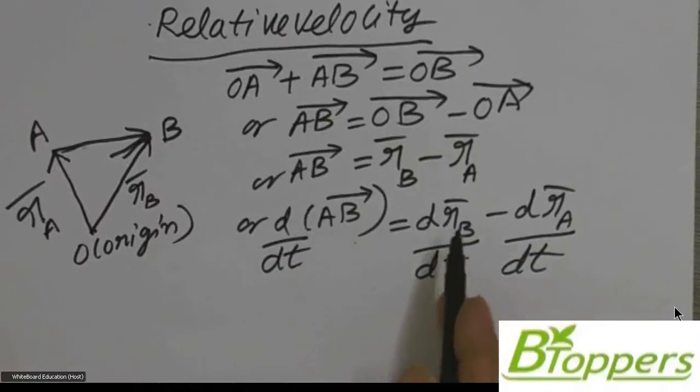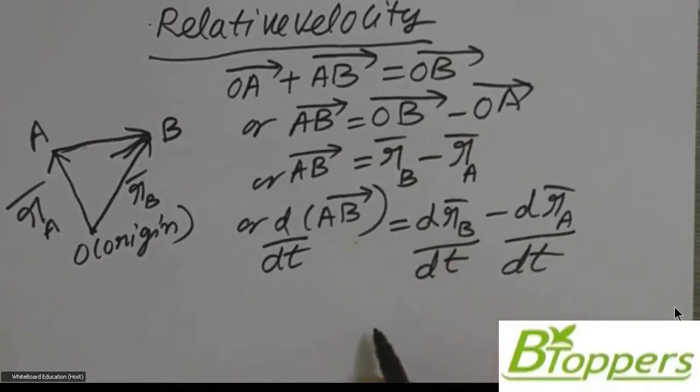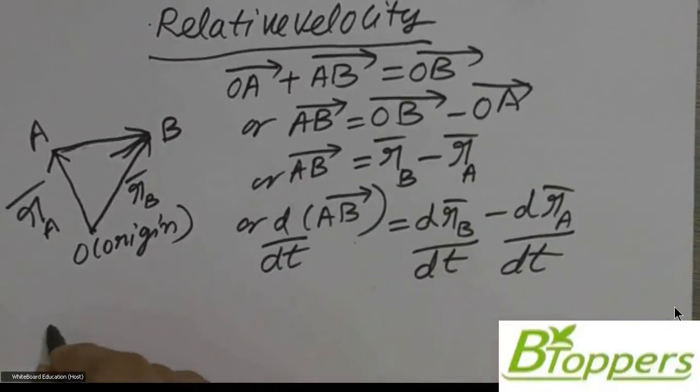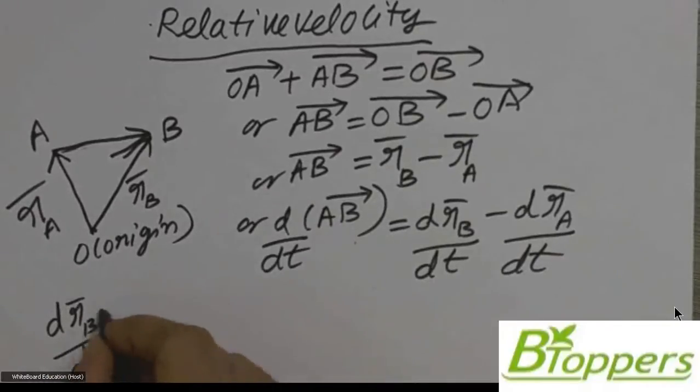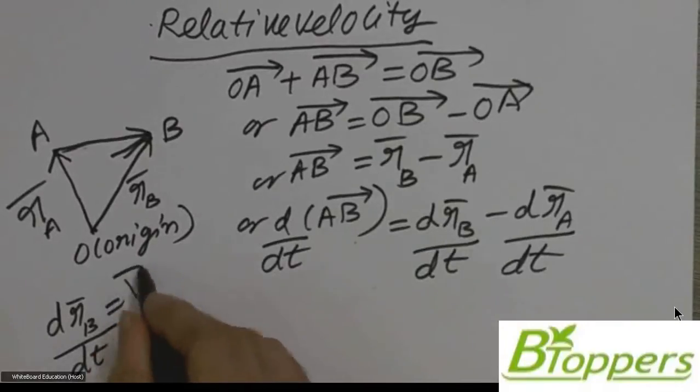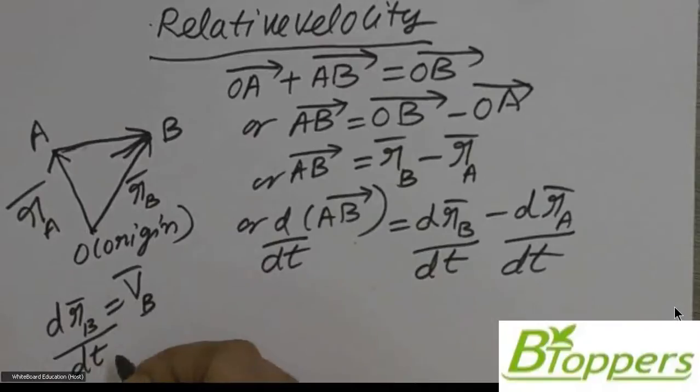Now, the rate of change of position vector with respect to time t is the instantaneous velocity vector. So d RB bar by dt gives the rate of change of position vector of the second particle B with respect to origin O. That gives the actual velocity of the particle B.